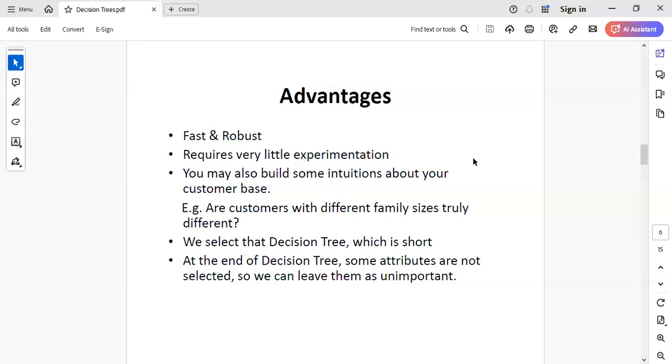The main reason is that when you build a model, there is something called learning. Your algorithm should learn and it should predict. So there is learning and there is prediction.